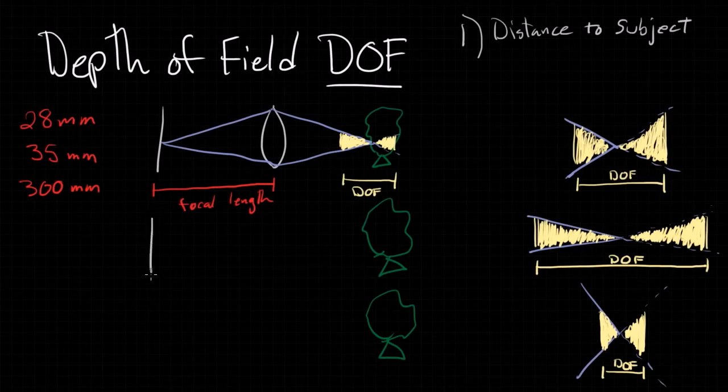So we're going to leave the film where it is. For both of these examples, we're going to leave the film in the same place and leave our subject in the same place. So we're not actually moving any closer to our subject or farther away. What we are going to do is adjust the focal length. If we want a wide depth of field, we want to have our lens closer to our film so that we end up with a nice wide depth of field.